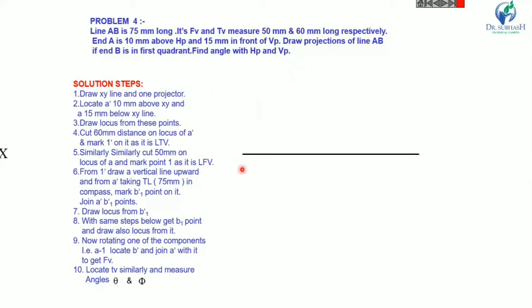So first of all, draw XY line and mark the position of point A. A dash, A. Now true length is 75 mm and front view length is 50 mm and top view length is 60 mm.